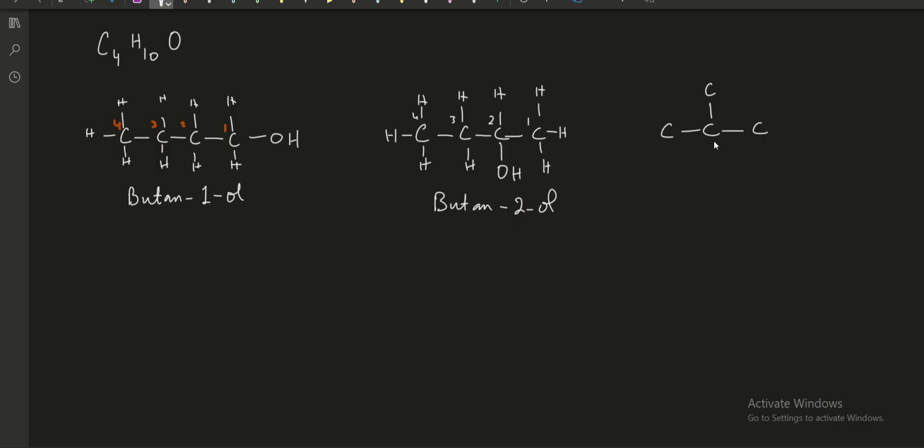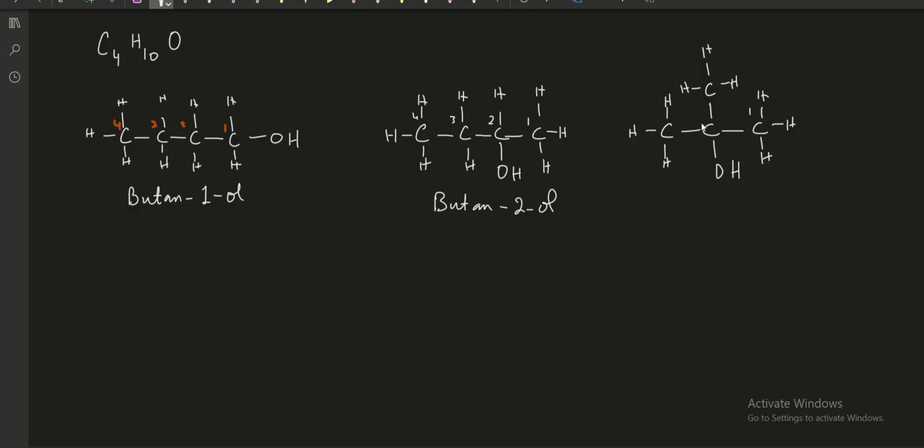So this is the OH group. Okay, now just write hydrogens: 1 2 3 4 5 6 7 8 9, and this is the 10th one. Now we just have to number the carbons.